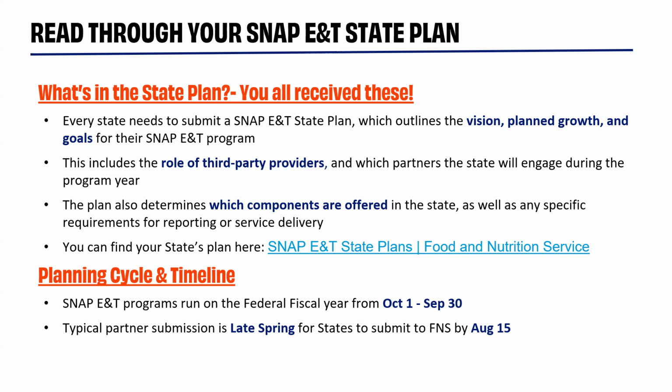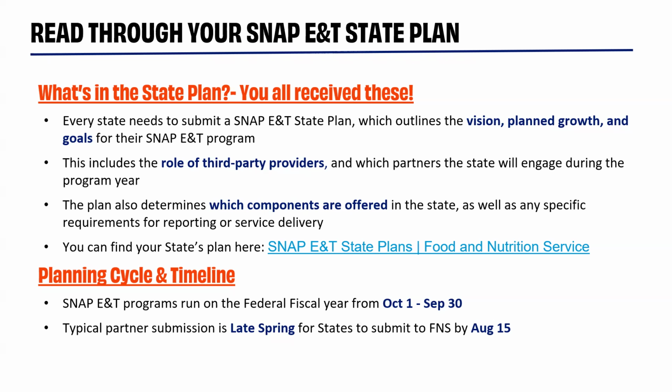So keeping in mind the federal fiscal year runs from October 1st through September 30th. This is something that if you're not the financial staff at your organization, you may want to key them into because your funding may be on a different schedule, potentially even the state fiscal year. So those may not align perfectly. So just think about that as you're planning out what your budget looks like and how many people you're hoping to serve and things like that as well.